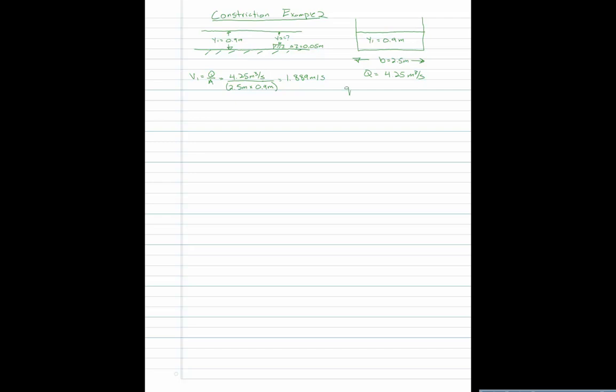The flow per unit width, which we sometimes use, is 4.25 cubic meters per second divided by the 2.5 meter width, so 1.7 meters squared per second. We're going to apply the energy equation.